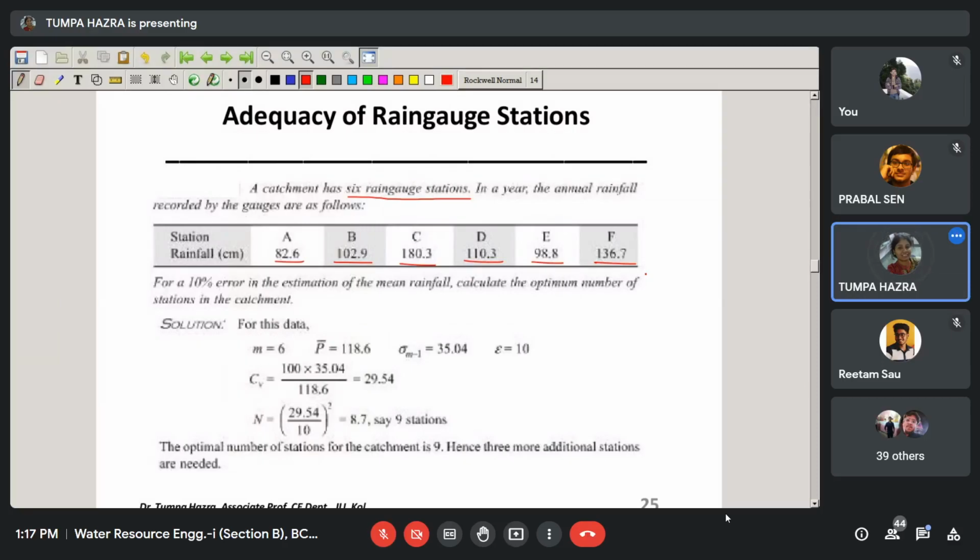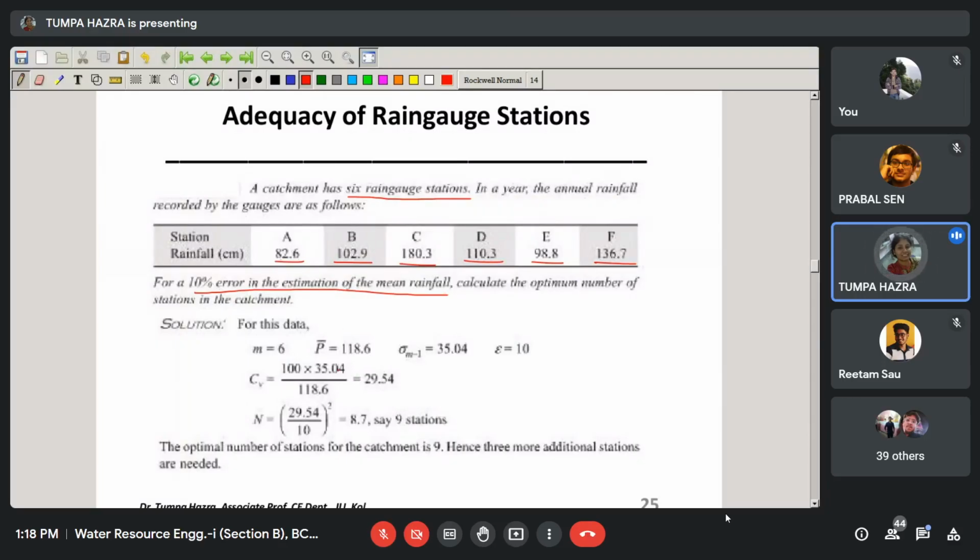If 10% error of the mean rainfall is allowable, then you have to check the adequacy of the rain gauge stations for the particular area. The rainfall measured at the 6 stations and the acceptable error are given to you.